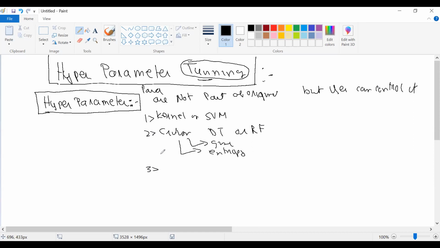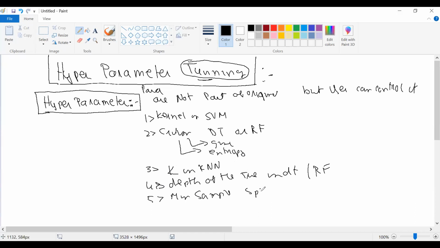Yes, the value of k in KNN. How many neighbors do you want in your KNN? Any other example? You already know this. Depth of the tree in decision tree, and in random forest also. Minimum sample split.